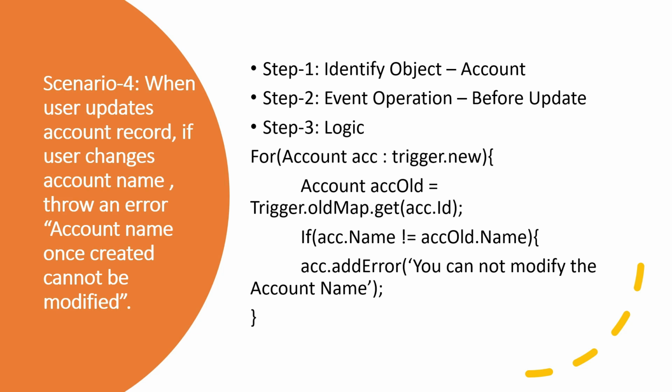This will give us the old value into accOld. So if acc.Name is not equal to accOld.Name, then if it is not equal, we have to show an error.